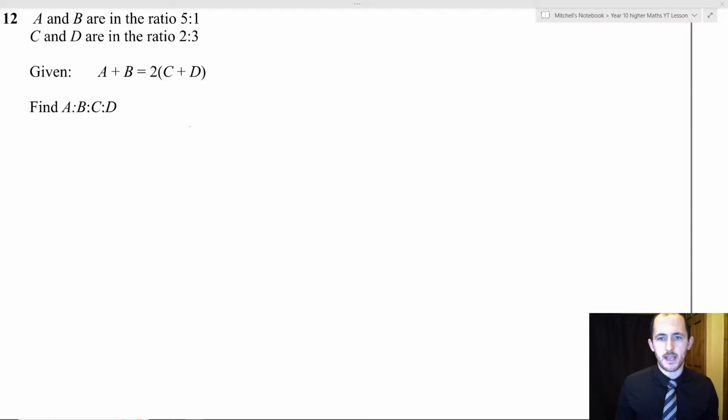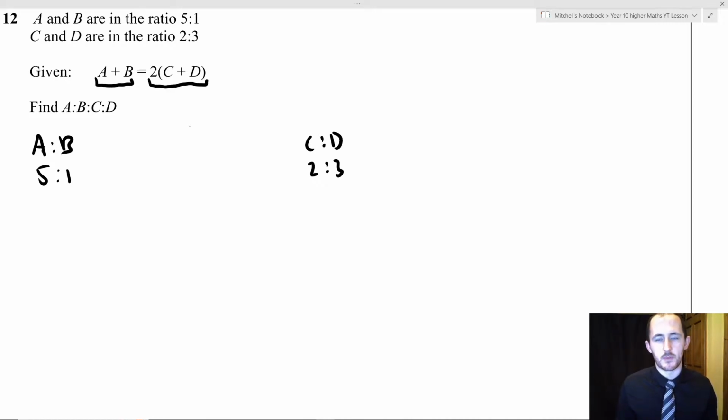So, ratio of A to B is 5 to 1. And then I'm going to put C to D over here, 2 to 3. Now it tells me that A plus B is twice C plus D. So A plus B is 6, C plus D at the moment is 5. Now what I want to do is combine these ratios together.